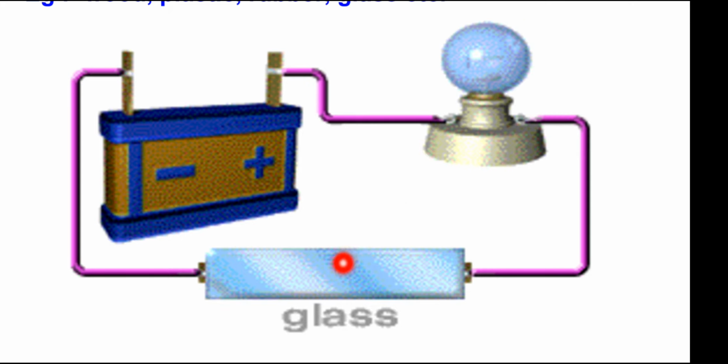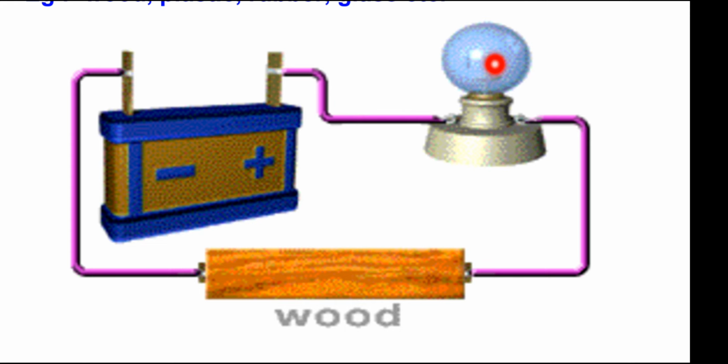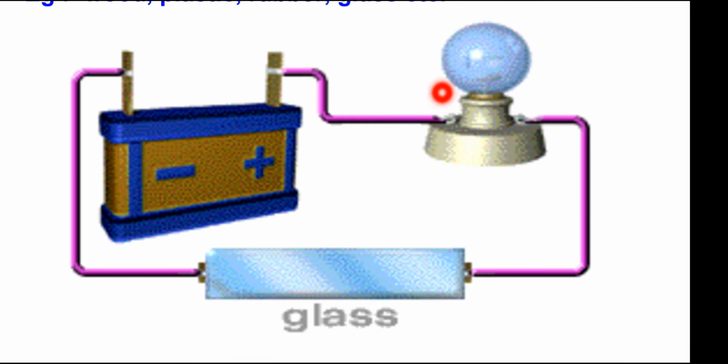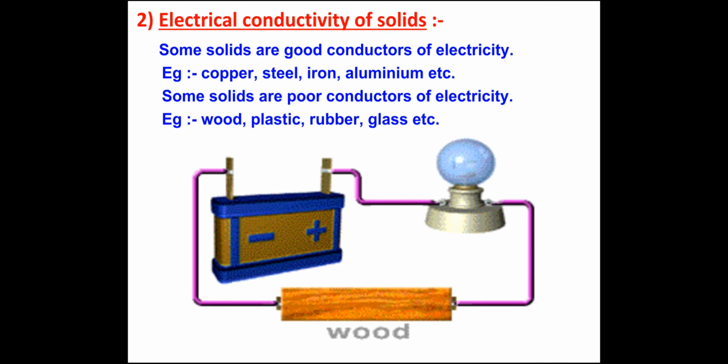This is the glass. When glass is used, the bulb is not glowing. When steel is used, the bulb is glowing. Wood used, bulb is not glowing. Copper used, bulb is glowing. Glass used, bulb is not glowing. In this way, when the bulb glows, it shows the material is a good conductor of electricity, and when the bulb does not glow, it shows it is a poor conductor of electricity.